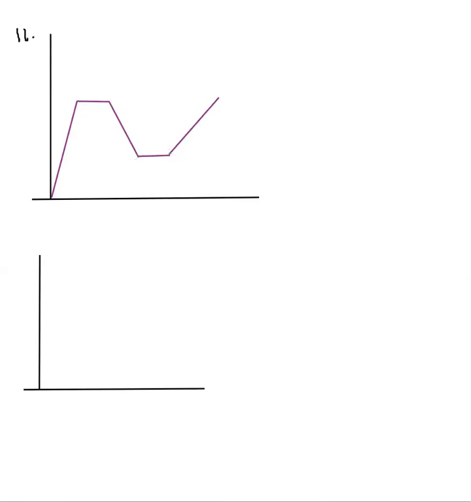So when is the particle moving to the right? It's moving to the right when m is positive and moving to the left when m is negative. Exactly. So from 0 to 1, this is moving right.